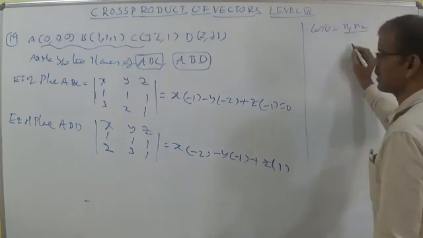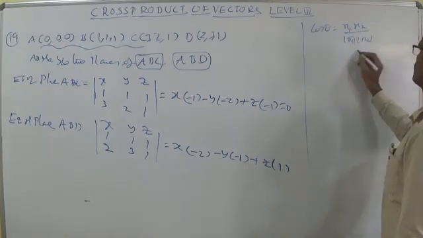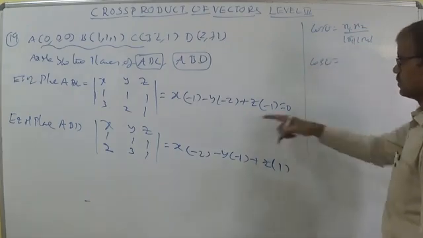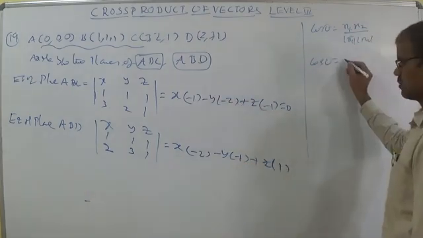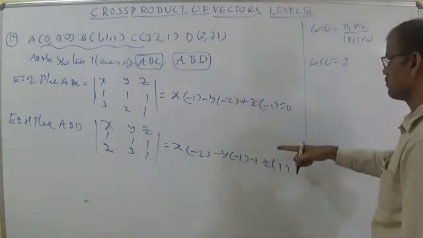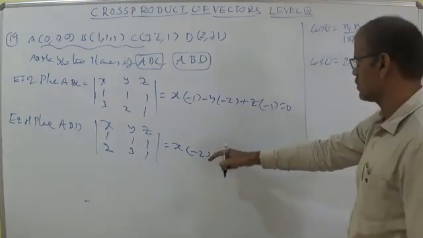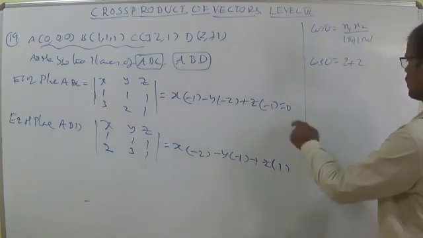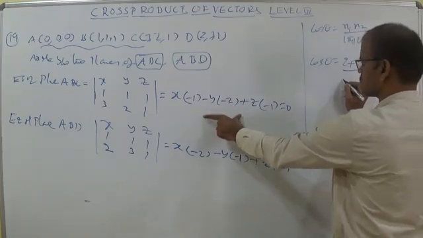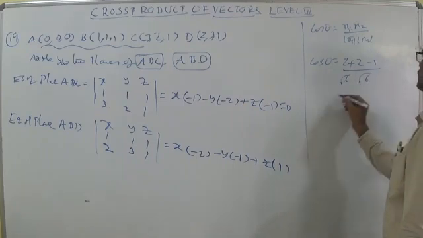Plenty of times I said that the angle between planes is the angle between their normals, where n1 and n2 are normals: cos theta is equal to n1 dot n2 by modulus of n1 into modulus of n2. Using the normal vectors: minus 1 into minus 2 is 2, next minus 2 into minus 1 is plus 2, plus minus 1 into 1, so 2 plus 2 minus 1 is 3. Whole divided by the magnitudes: 1 plus 4 plus 1 is root 6, and 4 plus 1 plus 1 is root 6.